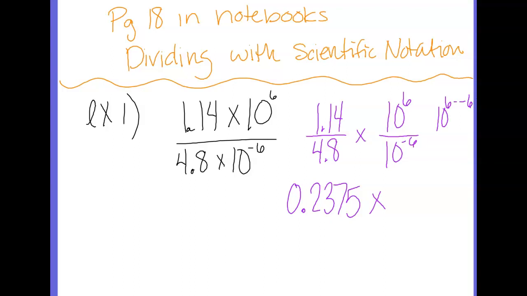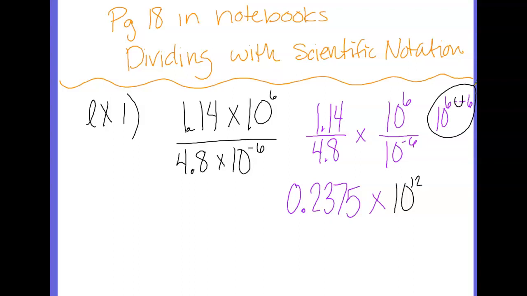Because we have two negatives right here. So it's actually 6 plus 6, which is 10 to the 12th. Some of us are still not writing this part out, and that's why we're missing the quotient ones. Because you say 6 minus 6 is 0, but it's 6 minus a negative 6.